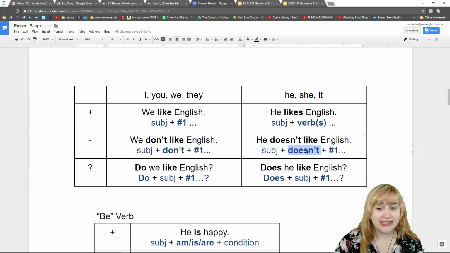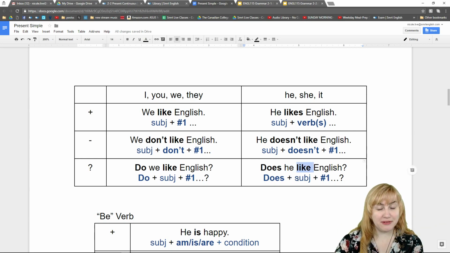We use a subject, doesn't, but then we use our verb 1. So no S here. And for the question, does he like English? Does is how we begin our sentence, and then we put our subject and our verb 1.